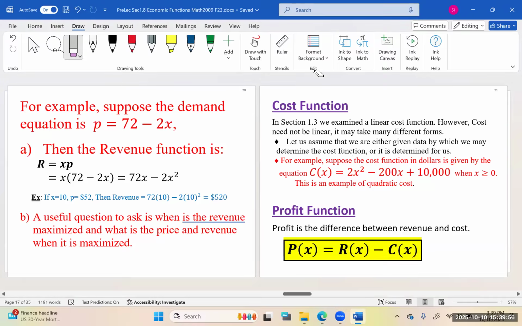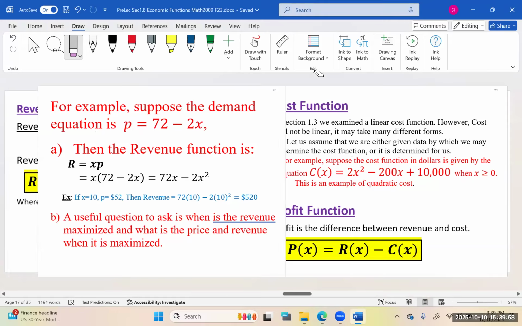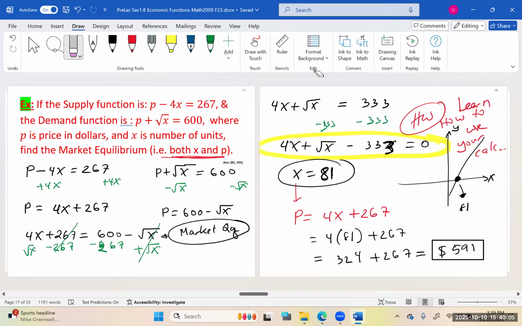For that question we did, I just squared them. You cannot square them. But I got 81. It's going to be a decimal, it's not going to be 81, more like 80.6 something. When you square, what did you do? When I squared, I got 110,889, 16x squared plus x.